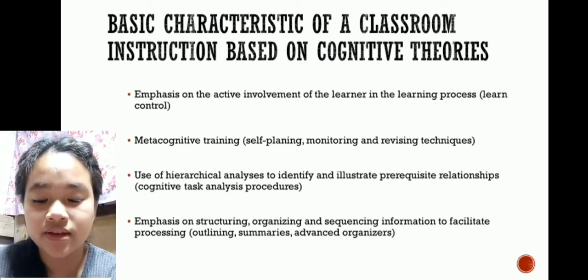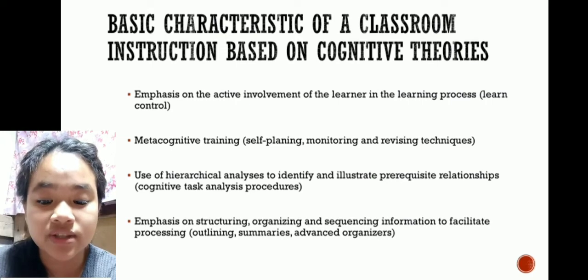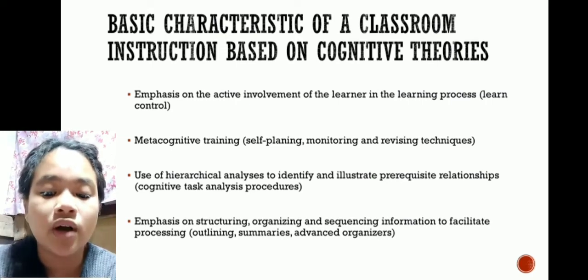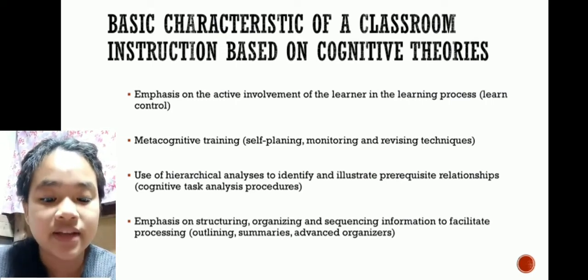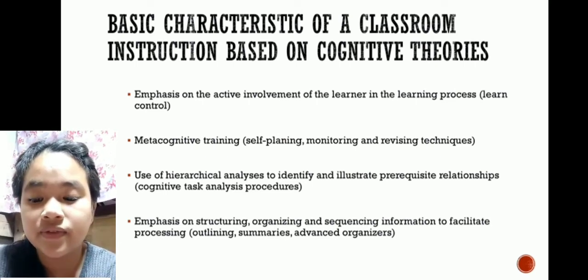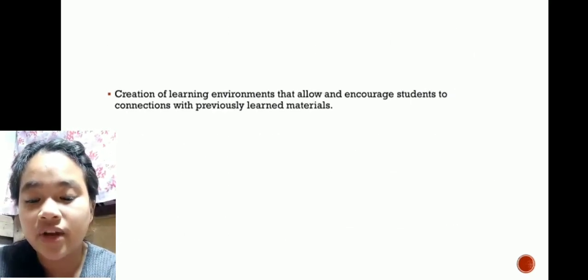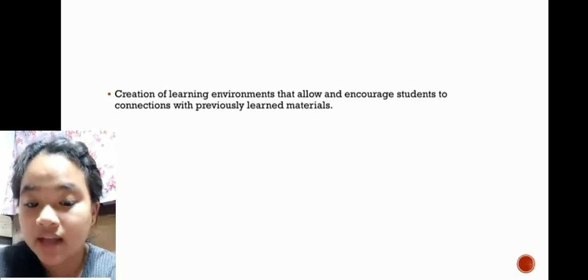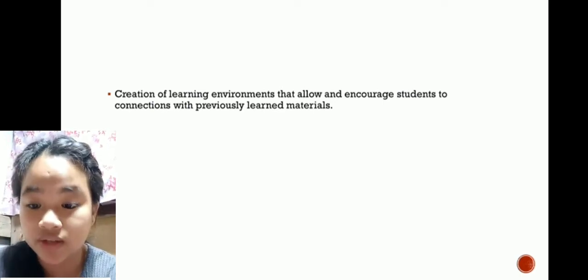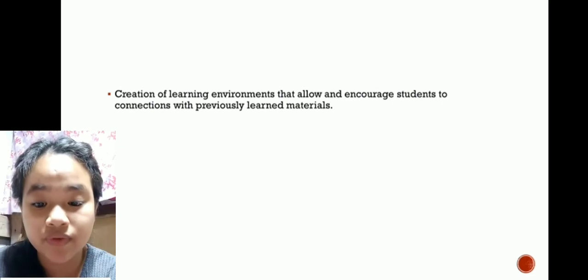The fourth is emphasis on structuring, organizing, and sequencing information to facilitate processing, or outlining, summaries, advanced organizers. The fifth is creation of learning environments that allow and encourage students to make connections with previously learned materials.